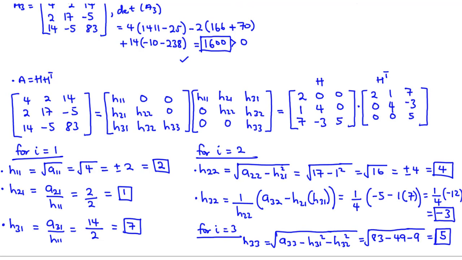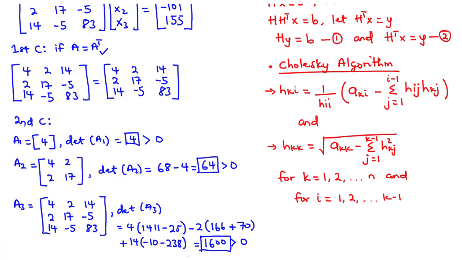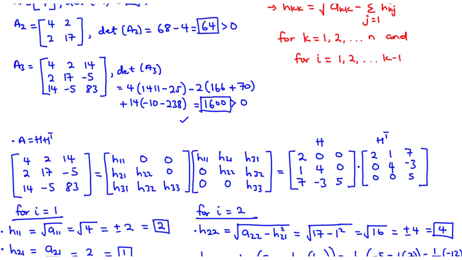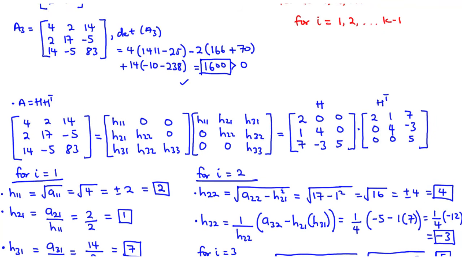Next we are going to substitute the values of y into equation 2 so that we find the values of x, or we find x. So that is H transpose x equals y. So this is H transpose [2 1 7; 0 4 -3; 0 0 5].